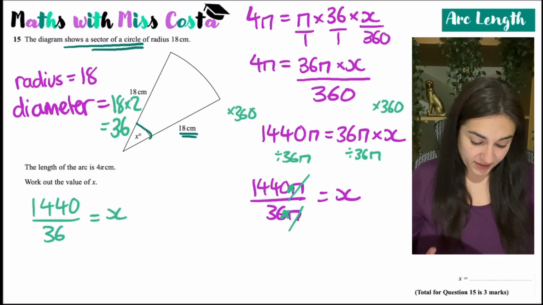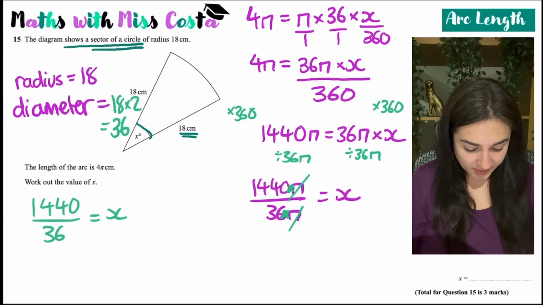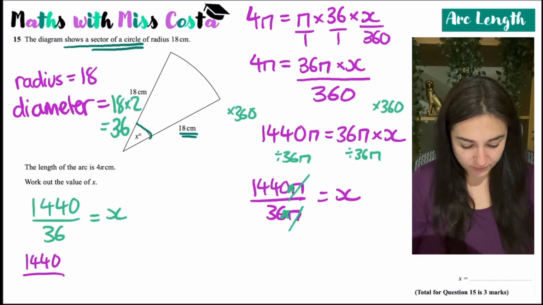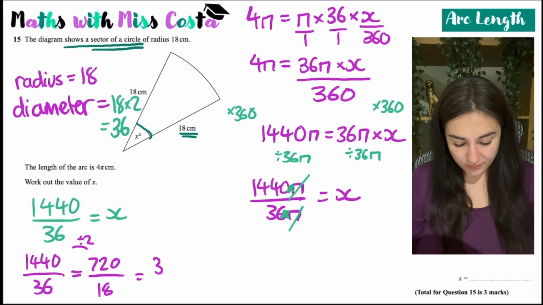Once again, I've got a fraction, so I just need to simplify that. So I could divide it by 2. So 1,440 over 36, let's divide it by 2. That's going to be 720 over 18. I can divide it by 2 again, 360 over 9.